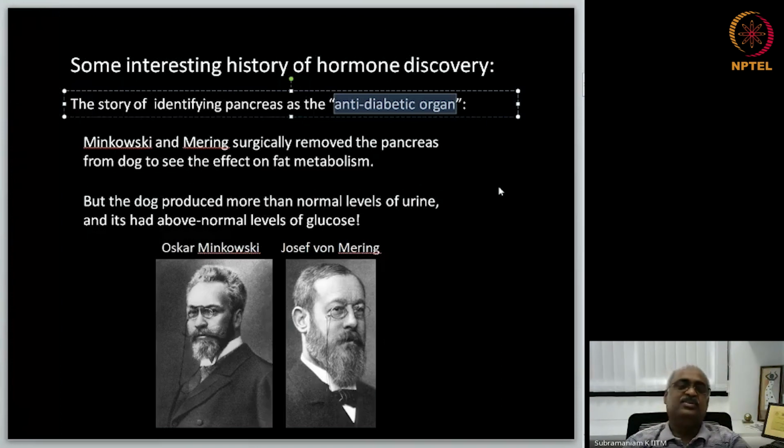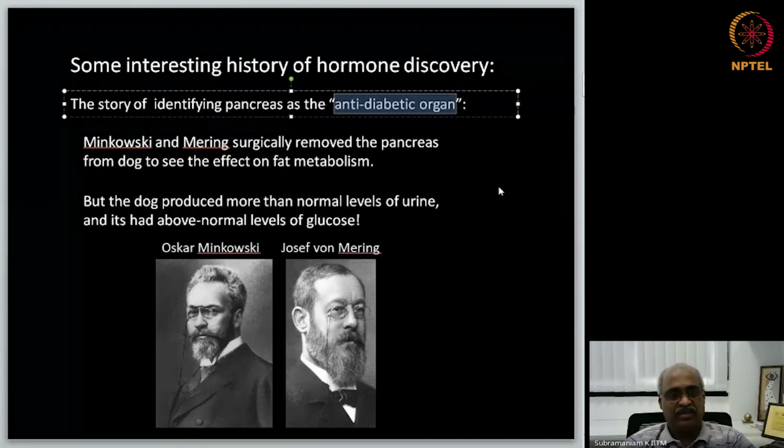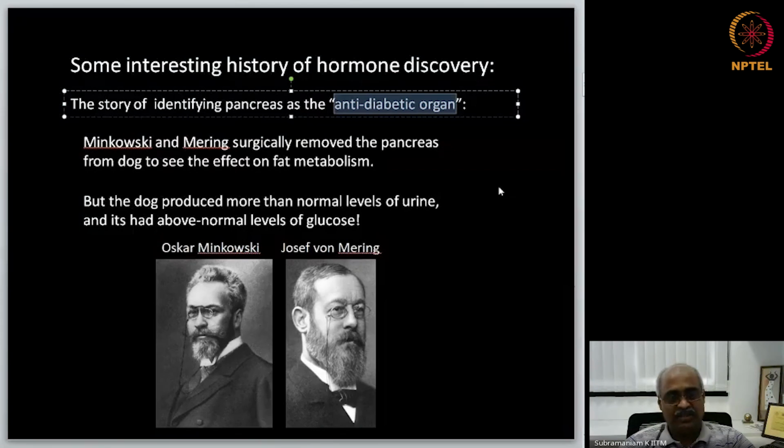And then they tried to purify the active ingredient. What is the molecule that the pancreas produces that acts as an anti-diabetic agent? They did not succeed, and many others did not succeed for a long time since their original finding, for about 30 years or so.